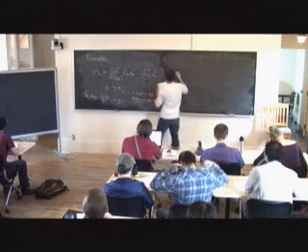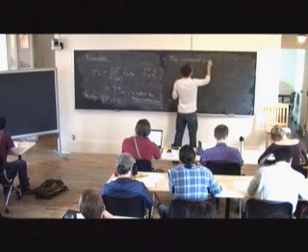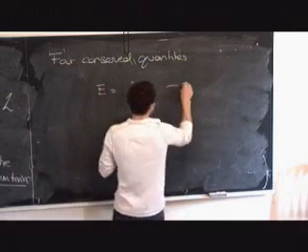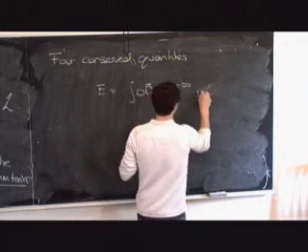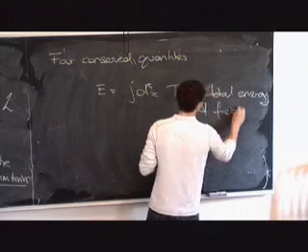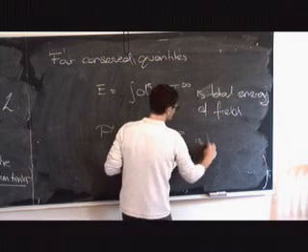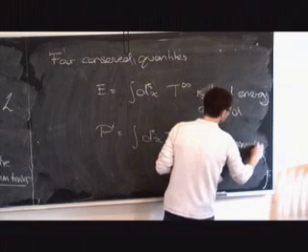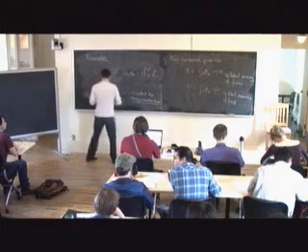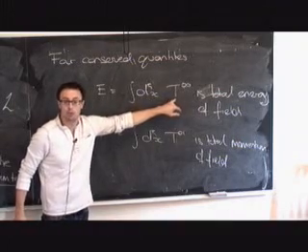Okay, so we've got 4 conserved currents, so 4 conserved quantities. Okay, so the conserved quantities are always the integral over space of the zeroth component of the current.